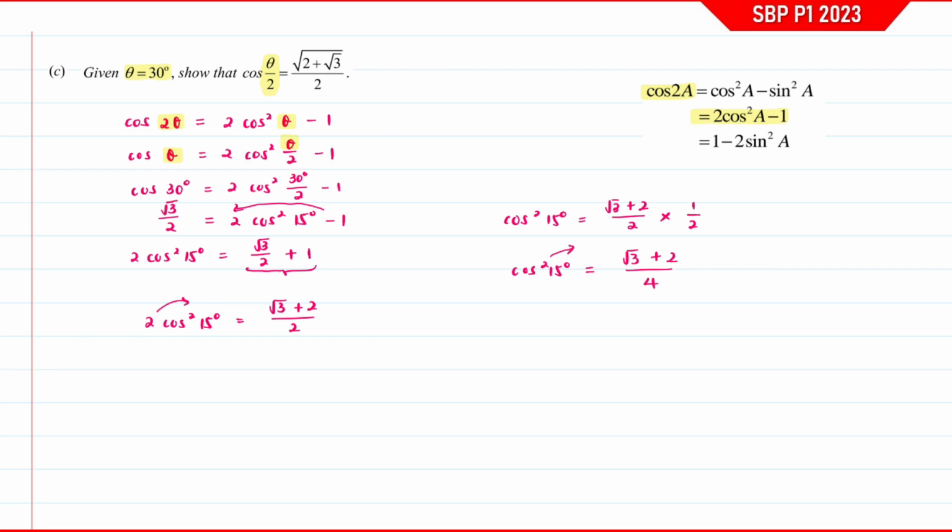Next, move the square to the other side, so it will be cos 15 degree equal to square root. And if I arrange this, it will be 2 plus square root 3 over 4. So this is the same as square root 2 plus square root 3 over square root 4. So the answer for the square root 4 is equal to 2. Therefore, cos 15 degree is equal to square root 2 plus square root 3 over 2.